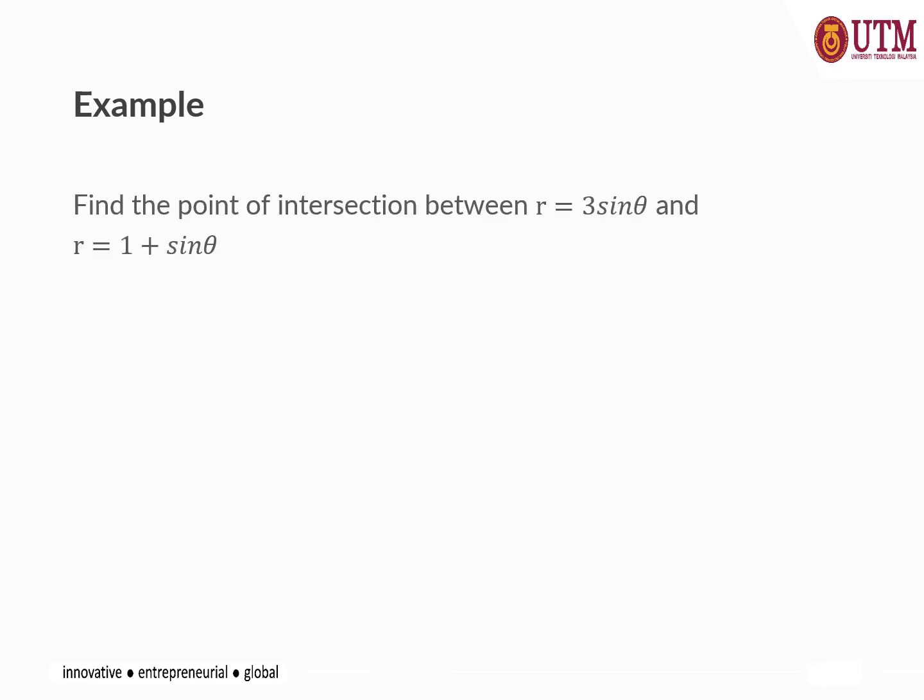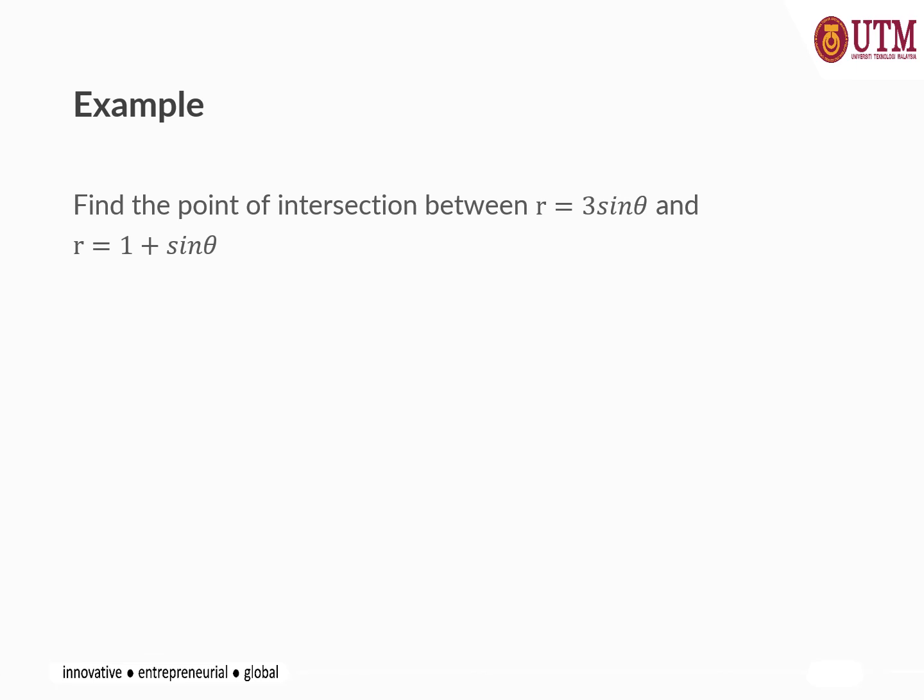Okay, now you can try out this example. Find the point of intersection between r equals 3 sine theta and r equals 1 plus sine theta. You can pause the video and get the answer after this.